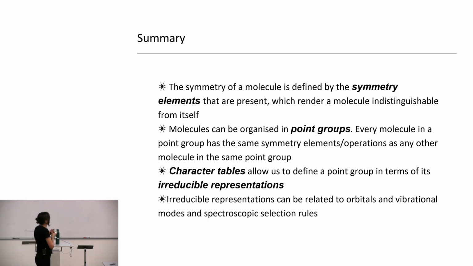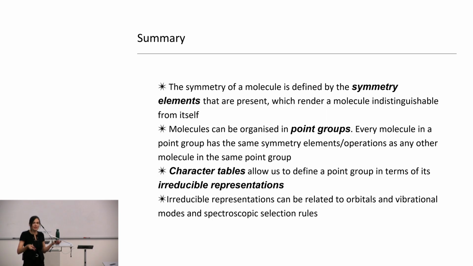The symmetry of a molecule, as we already discussed, is defined by the symmetry elements that render a molecule indistinguishable from itself. And these molecules are organized into point groups. Every point group has the same symmetry elements and operations as other molecules within the same point group, right? So this is why once you learn these, you start to have intuition about, oh, my molecule's tetrahedral, I know how it behaves.